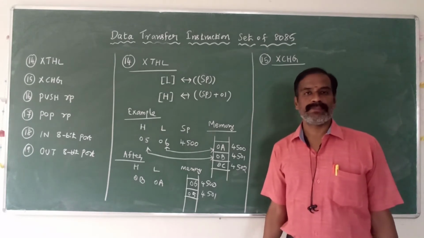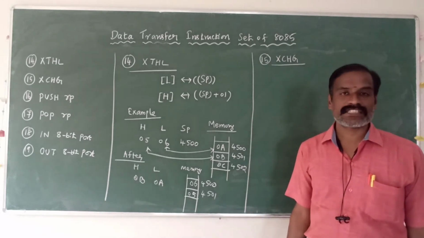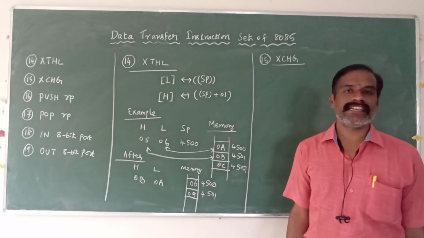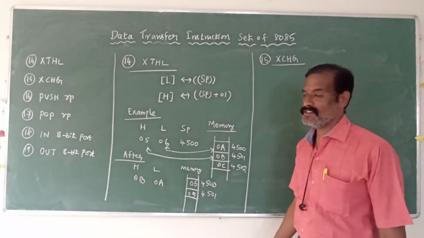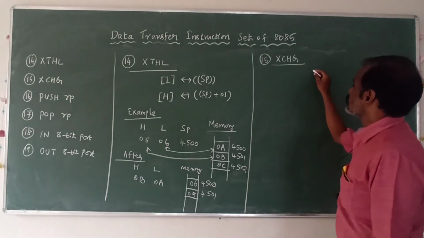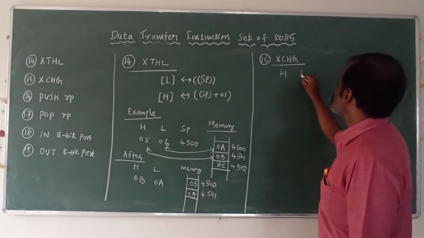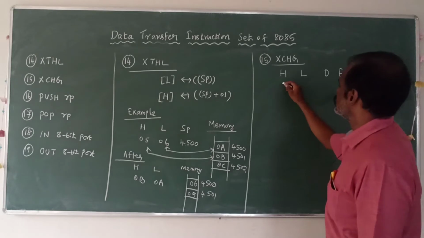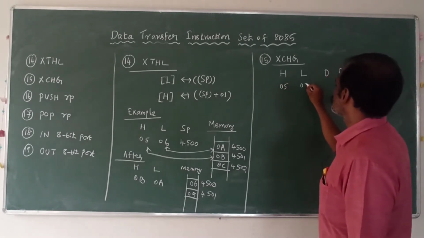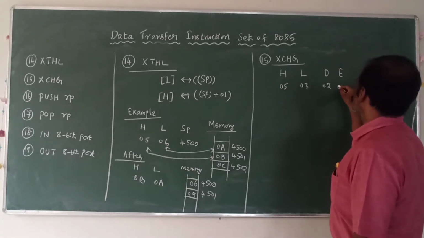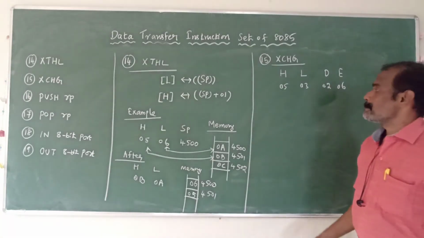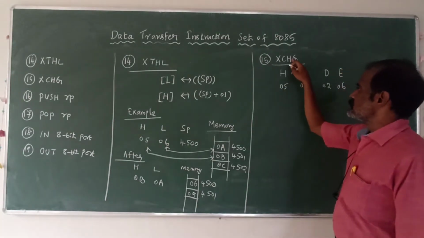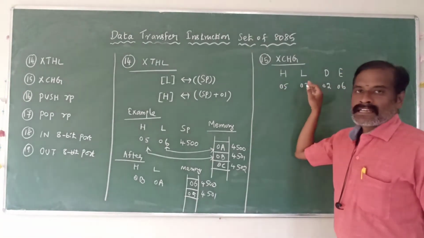Exchange only between the HL register pair content and the DE register pair content. Here this is the L register and this is the H register, and this is the D register and this is the E register. Data 05, 03, 02, 06. This is before executing this instruction.